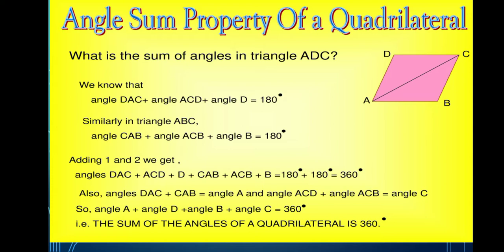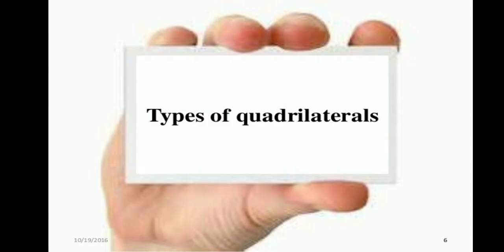By combining, we know that angle BAC and angle CAD make the complete angle A. So instead of angle DAC and CAB, we can write angle A, and the same is the case with angle BCA and angle ACD, which make a complete angle C. Instead of those two angles, we write angle C, and the sum of all four is 360. That's how we can prove that the sum of angles of a quadrilateral is 360, which is the angle sum property of a quadrilateral.